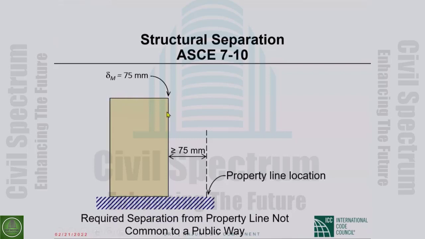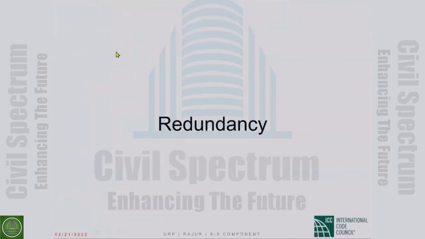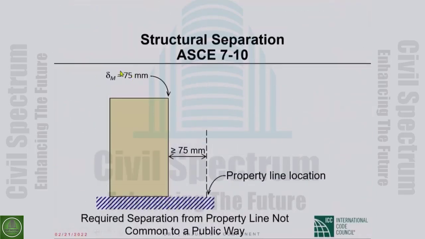Previously we were talking about the shorter building and a taller building on the same property. But if there is a property line between the two buildings, this building belongs to one owner and the taller building belongs to another owner, then this building must be set back by the delta sub M displacement at the roof, which is 75 millimeters in our case, from the property line.